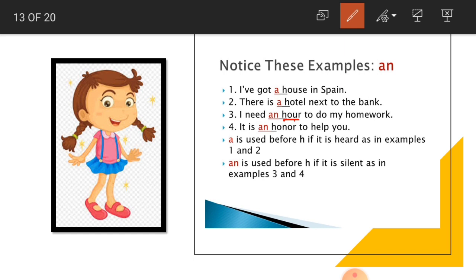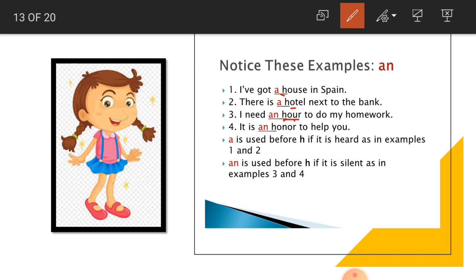See here. So a is used before H if it is heard, as in examples 1 and 2. Even though house and hotel start with H, we didn't use an there. We have used a because house and hotel give the consonant sound. H is a consonant and it is giving the same sound.